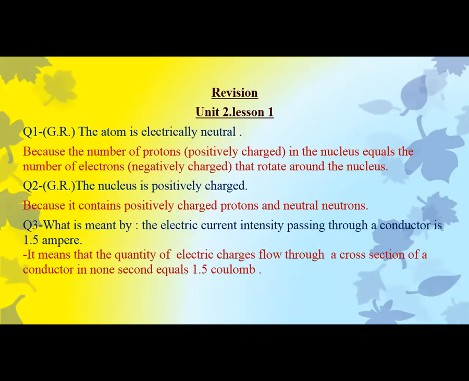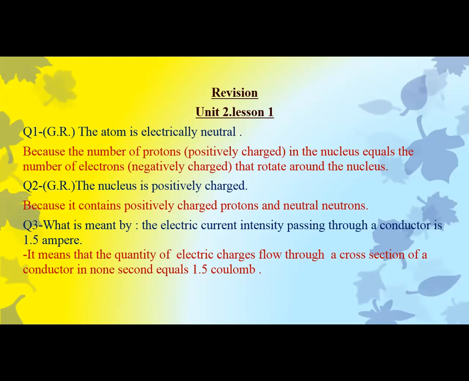Another question: what is meant by the electric current intensity passing through the conductor being 1.5 ampere? We know that the electric current is represented by the quantity of charge flowing through the wire. We said before it is a quantity of charge, unrelated to the number of electrons.